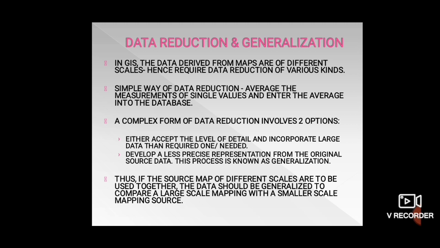Either we accept the level of detail and incorporate all the larger data than what we actually require. The second option is to develop a less precise representation from the original source data, and this process is known as generalization. Thus, if source maps of different scales have to be used together, we have to generalize the map to compare a large scale map with a smaller scale mapping source.